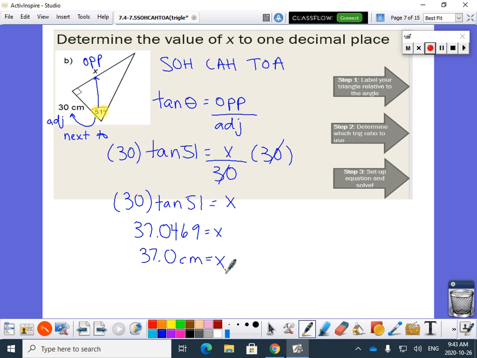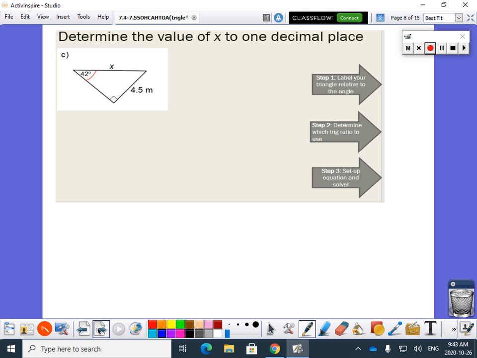All right, here we go. Next one. Determine the value of x to one decimal place. So our very first step is label your triangle relative to the angle. So here's our angle. So help me. This side here is going to be labeled what?